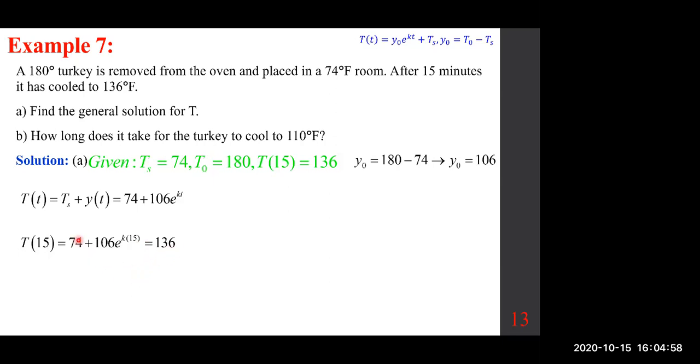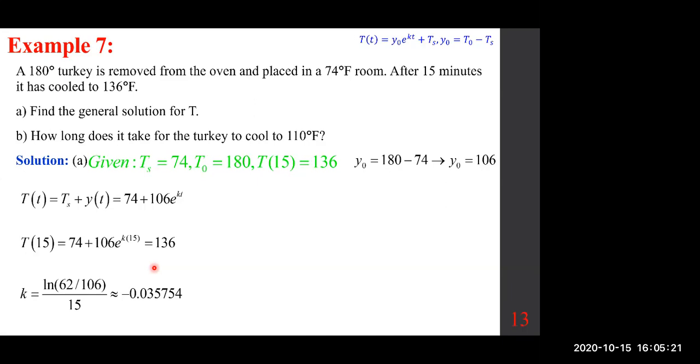Subtract the 74, divide by 106, take a natural log. There are a couple of steps here. I'm going to leave it for you to finish. You can do that because I've done a number of those, and this is all intermediate algebra. So from here to here, there are a couple of steps, class, okay? That shouldn't be a problem.